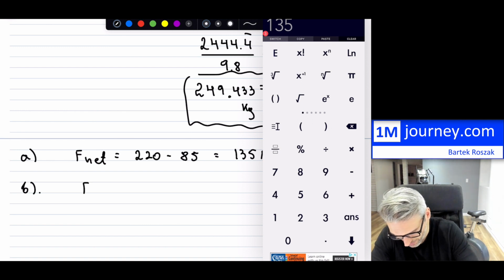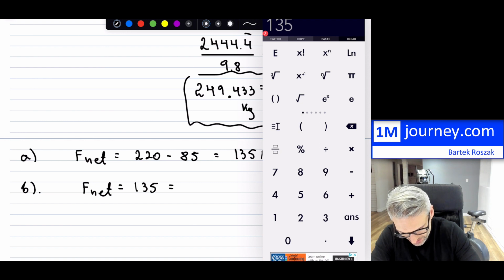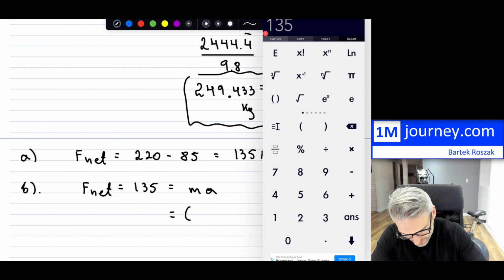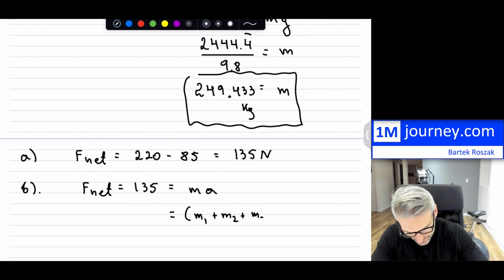That comes from Fnet, which in our case is 135 newtons, and that's equal to the mass times acceleration. Now I want to find acceleration. My mass is going to be the mass of all of these: m1 plus m2 plus m3, and we said the robot is negligible.